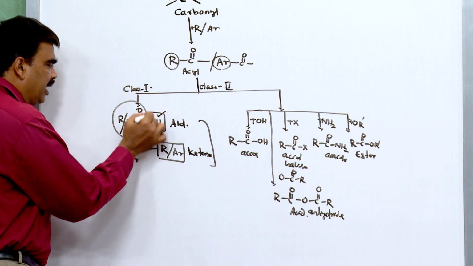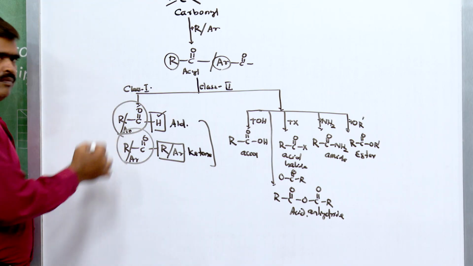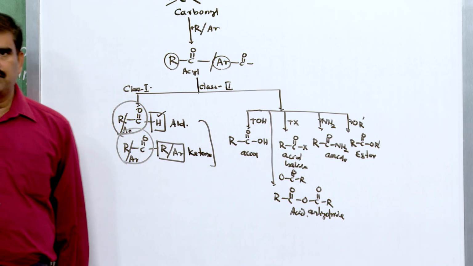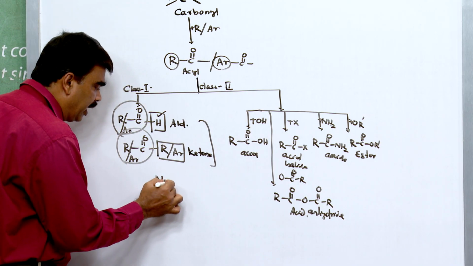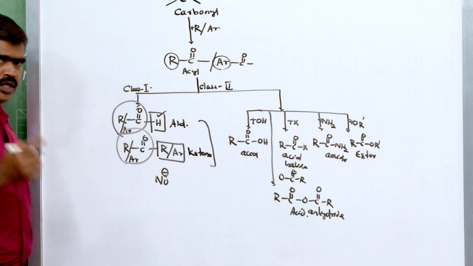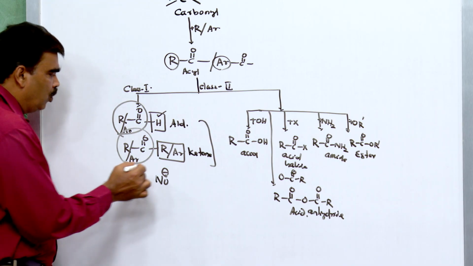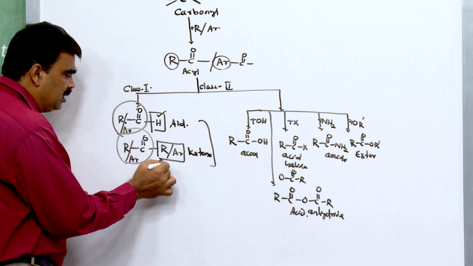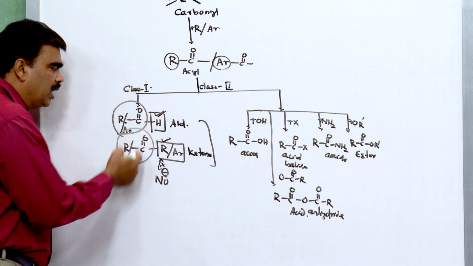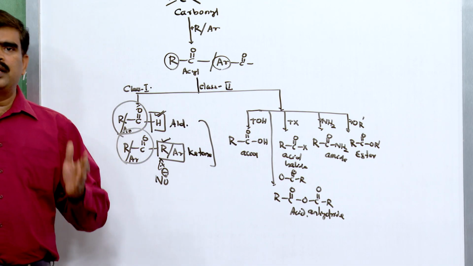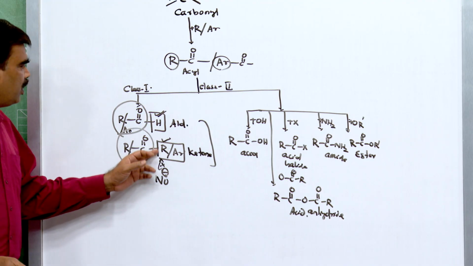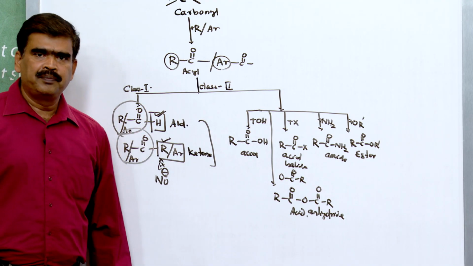This group is permanent. It will always remain. But the thing is that there is no nucleophile available which can displace these groups from the acyl group. Such a nucleophile has not been born in this world that can remove them from here.